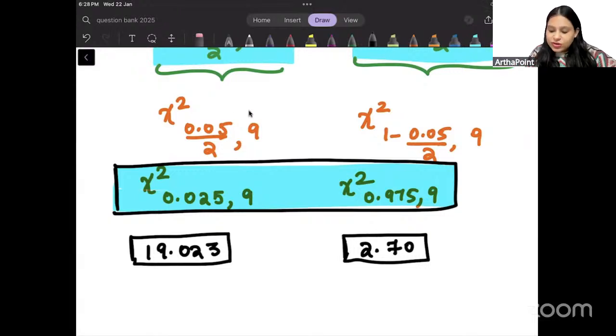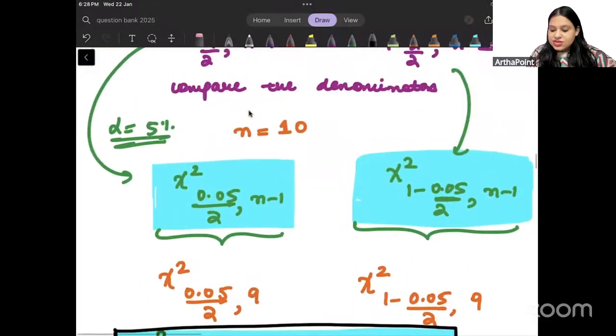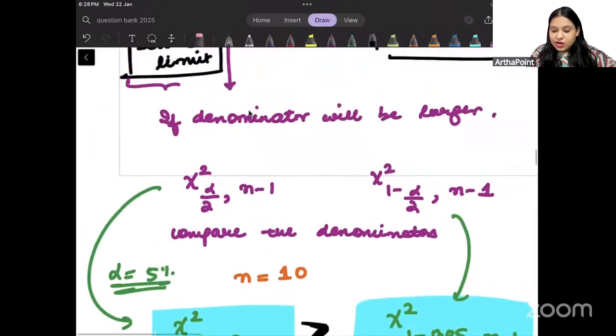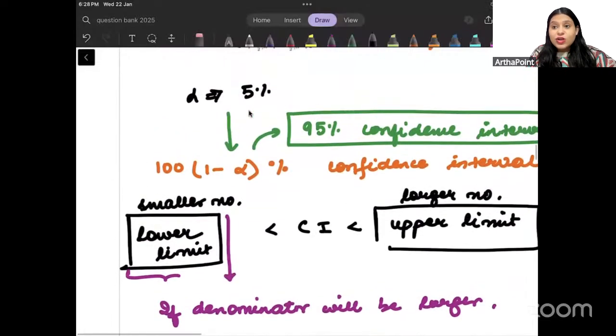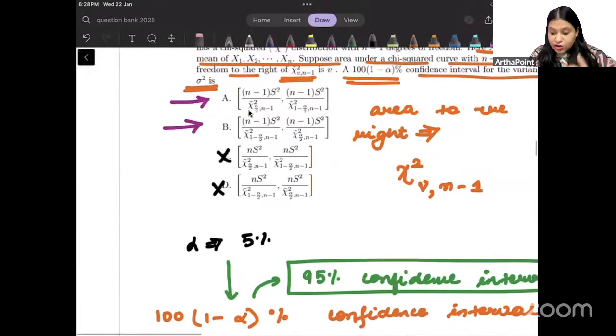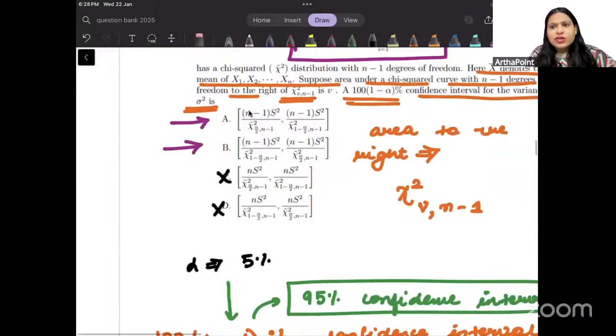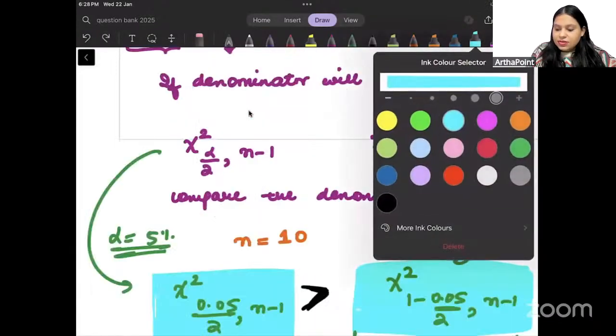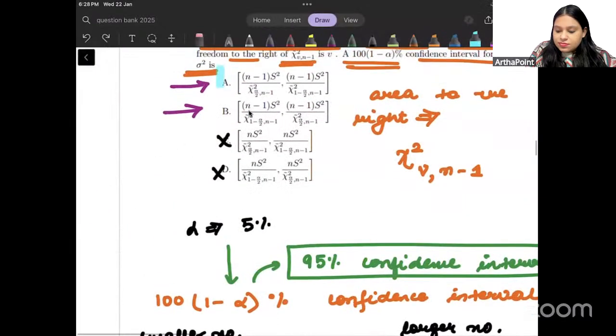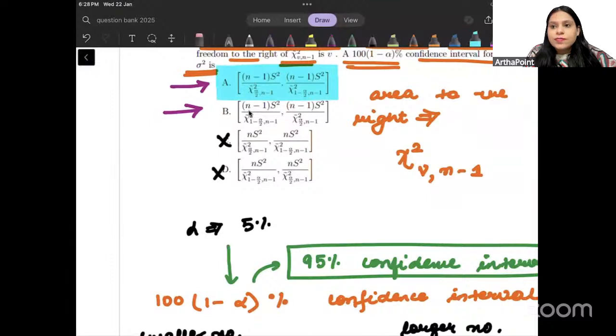Now compare. Which is the greater value? This is the greater value. So if this is the greater value, and I need the greater value in the denominator so that the overall value becomes smaller, which one do you think should be the answer? A. This will be the answer to this question.